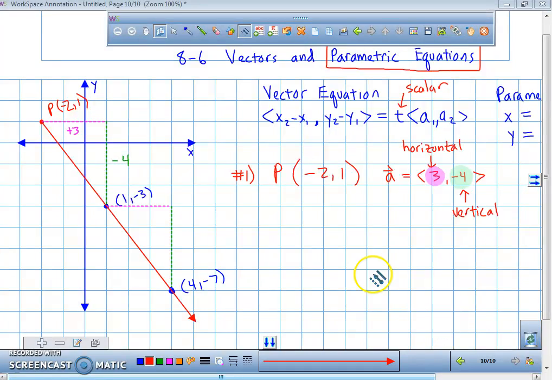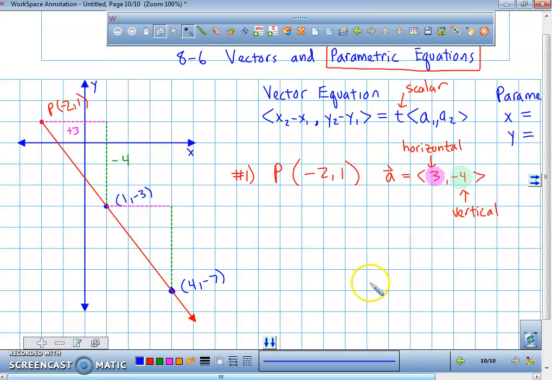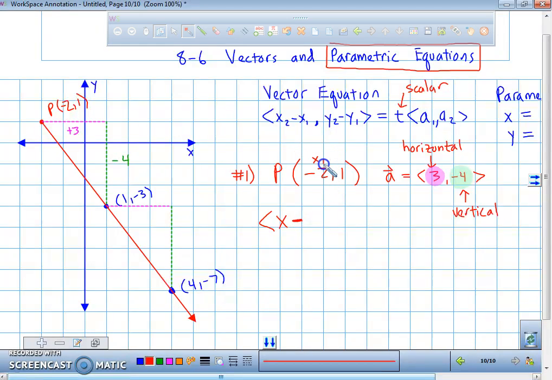All right, now that we've graphed this, we are actually going to make the vector equation that goes with this particular graph. So what I'd like you to do right here is x minus what's called the x1 component. So if I do x minus a negative 2, what does that become?